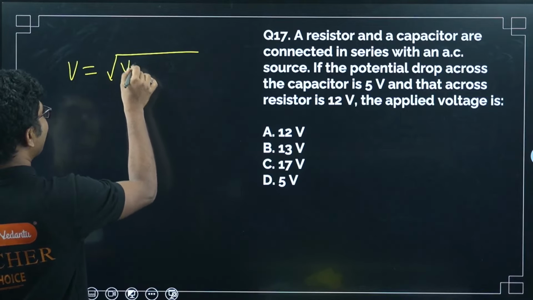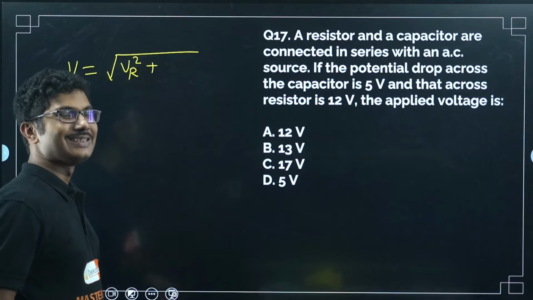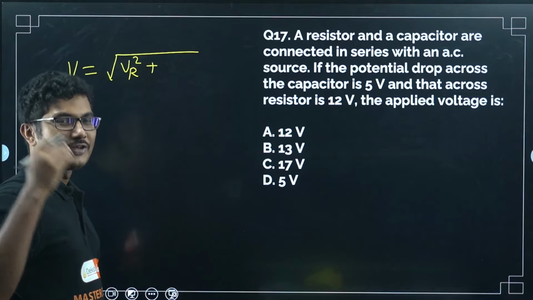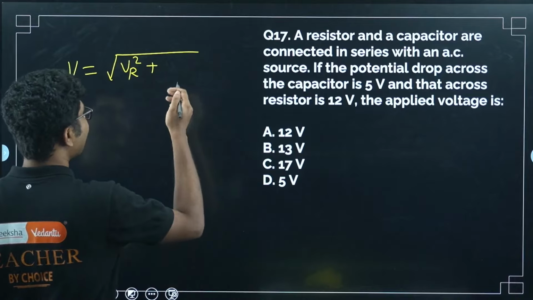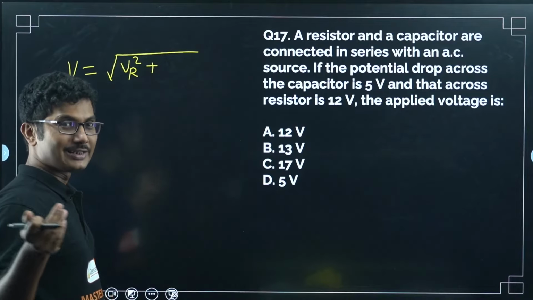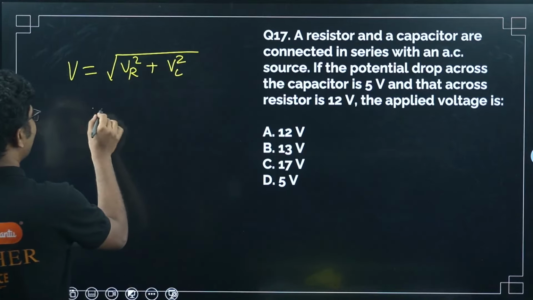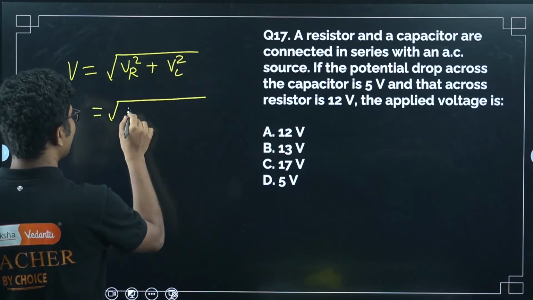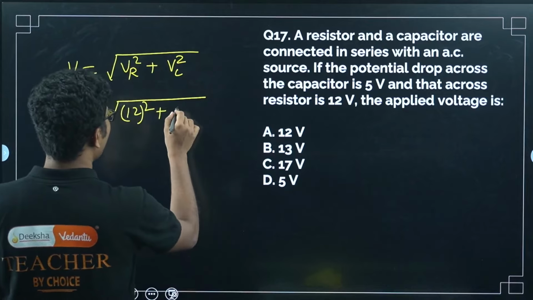Same formula: VR square plus (VL minus VC) whole square. Now if VL is 0, it is VR square; if VC is 0, then VL square. Here there is no inductor, so VL is 0, so only VC square. So VR is 12 volt, 12 square, VC is 5 volt, 5 square.